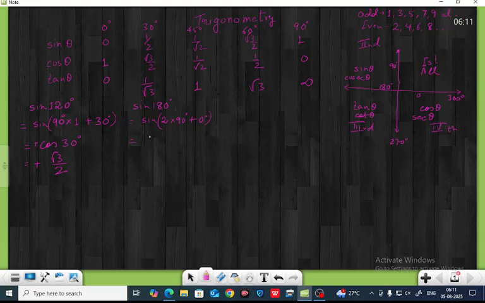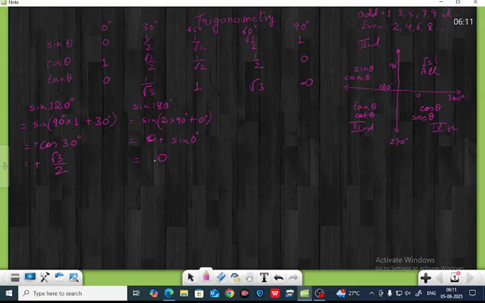Then we can write sin. 2 is an even number, and since it is an even number, it will be the same thing. It will be sin 0 degree, and 180 is in the second quadrant. In the second quadrant, the value of sin theta is positive. Therefore sin 0 is 0.